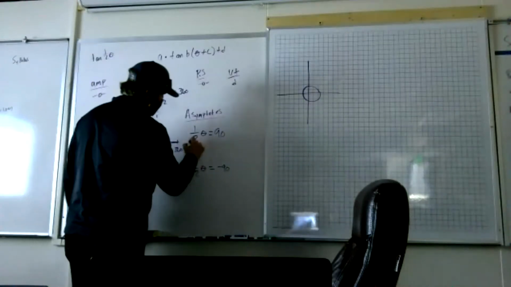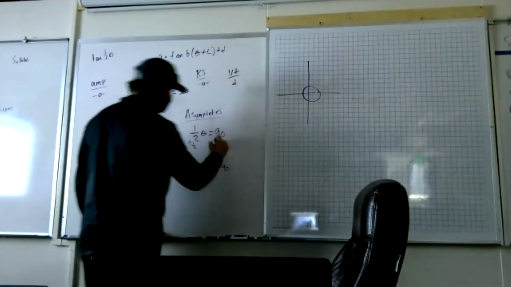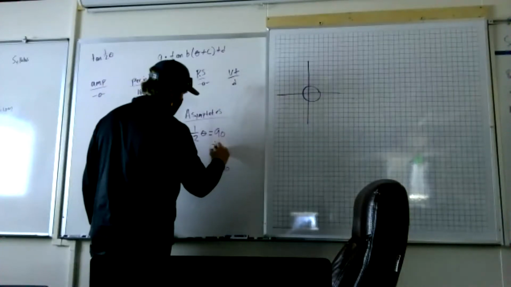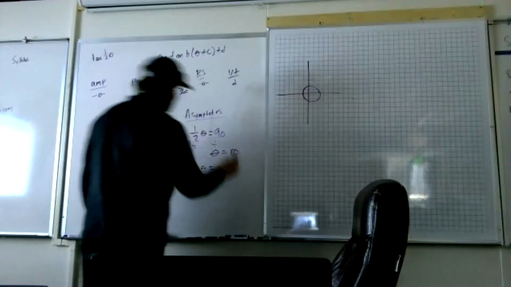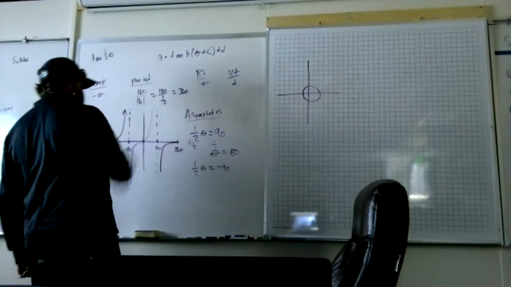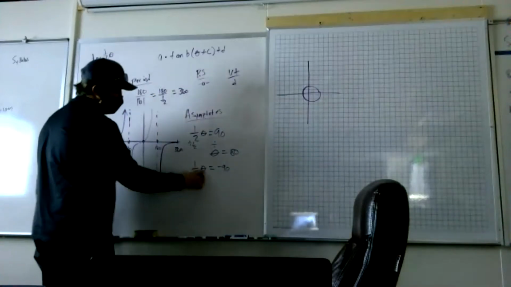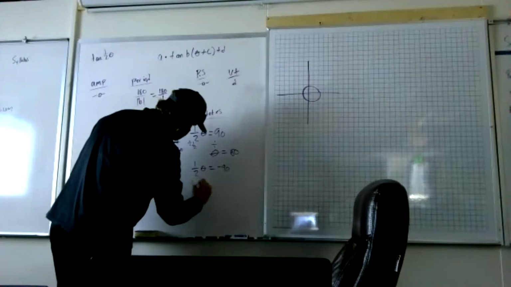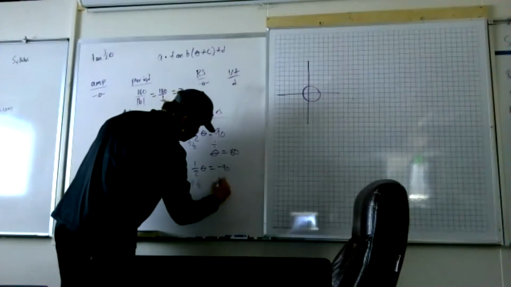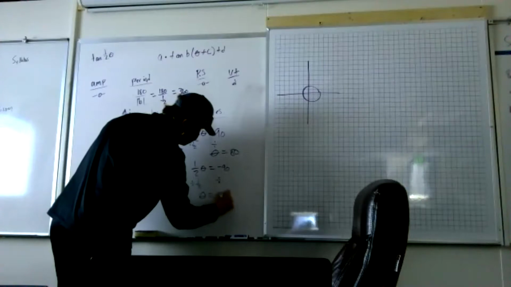So I'm going to divide by 1/2 on each side. 90 divided by 1/2 gives me theta is equal to 180 degrees. That's the location of my first asymptote on the positive side. 1/2 theta set equal to a negative 90. Solve for theta again by dividing by 1/2. That gives me theta is equal to a negative 180.